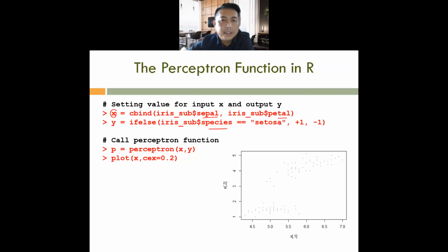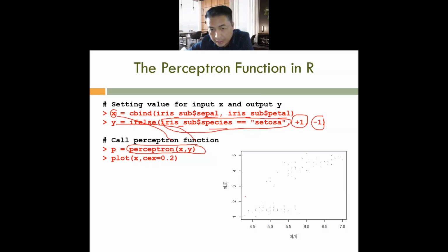Since we are doing binary classification, we are looking at this only. If they are the same, we will call it positive. If not, negative. So when we call the function perceptron here, we are sending the X and also the Y, and we get this here.